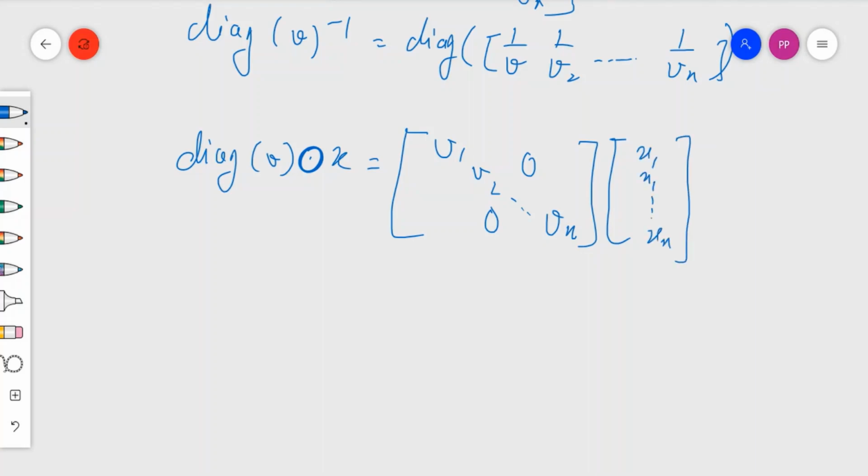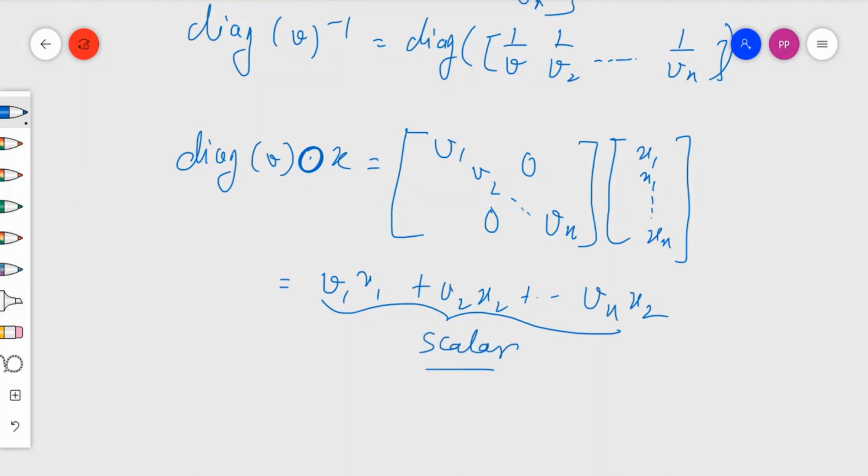Then this is equal to v1 x1 plus v2 x2 like that up to vn xn. So naturally this is a scalar number because this is a single quantity.